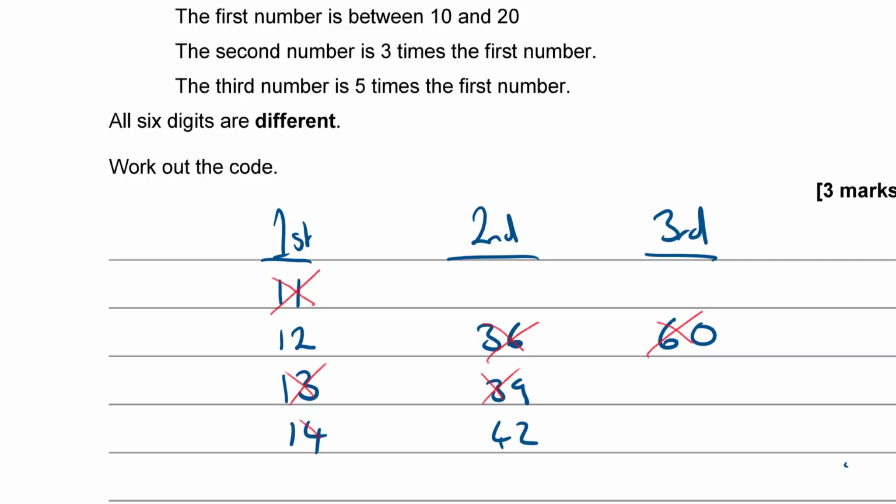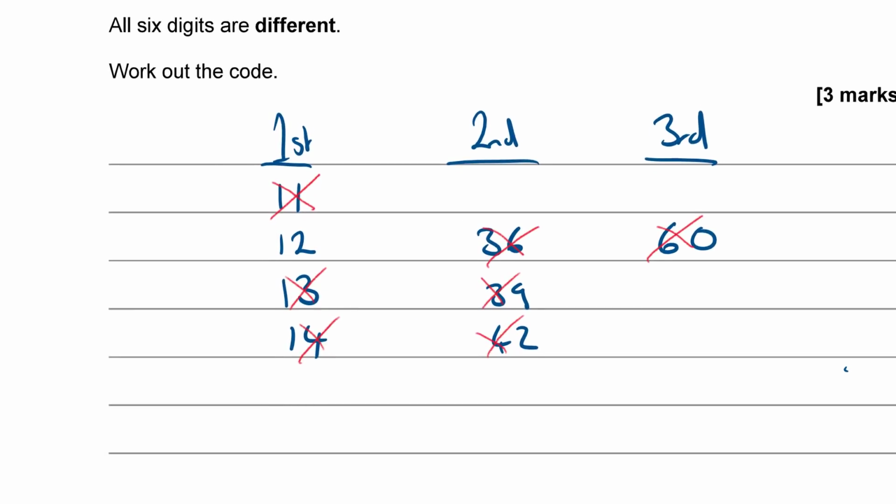So no, another bust. 4 and 4. Can't have that. Let's try 15. 15 times 3 is 45. Oh no, not doing very well here. Another bust.